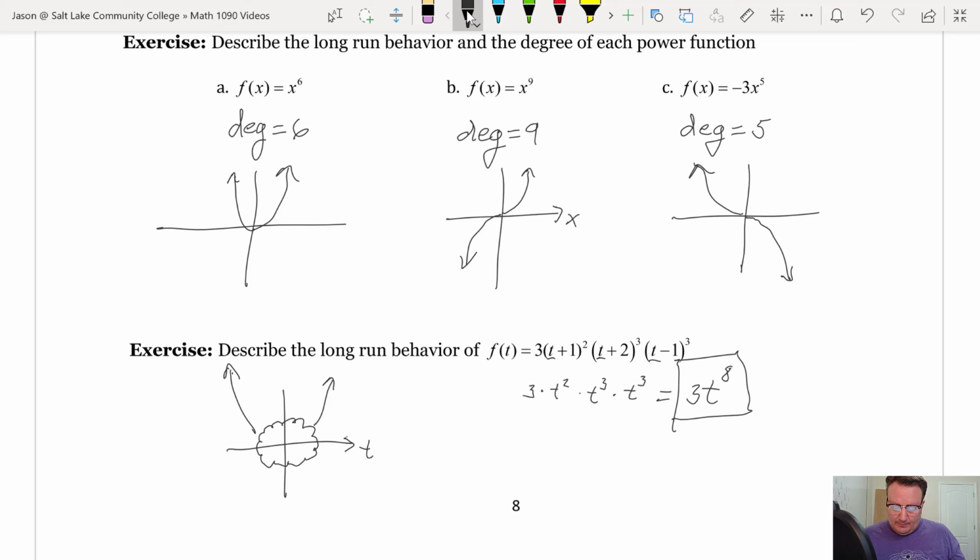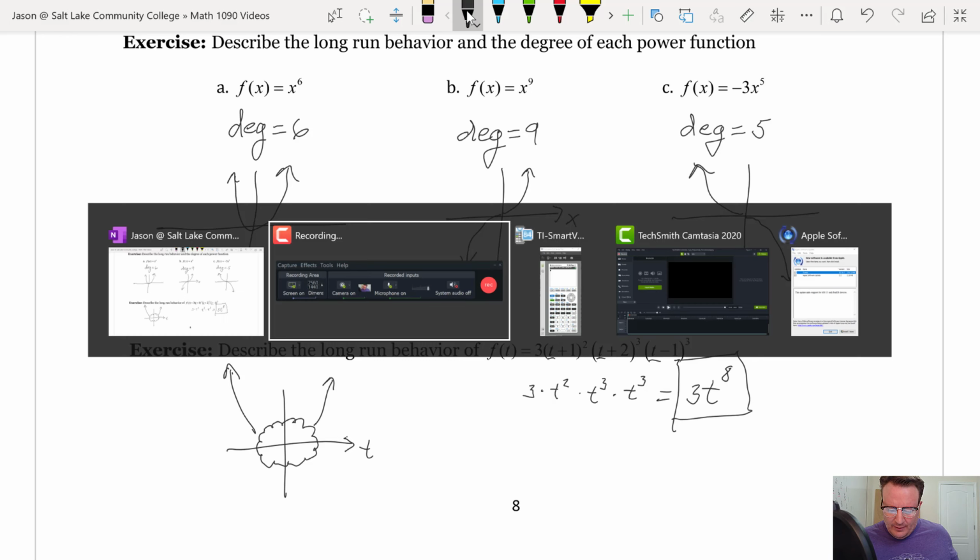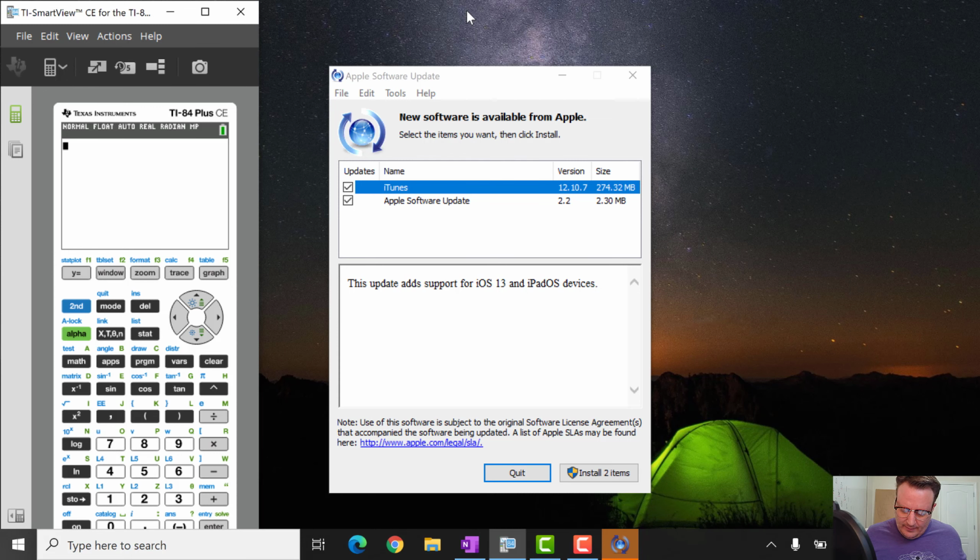Okay, I just want to show a quick thing with the calculator to persuade you that the leading term of a polynomial is what really dictates the long-run behavior of a function.